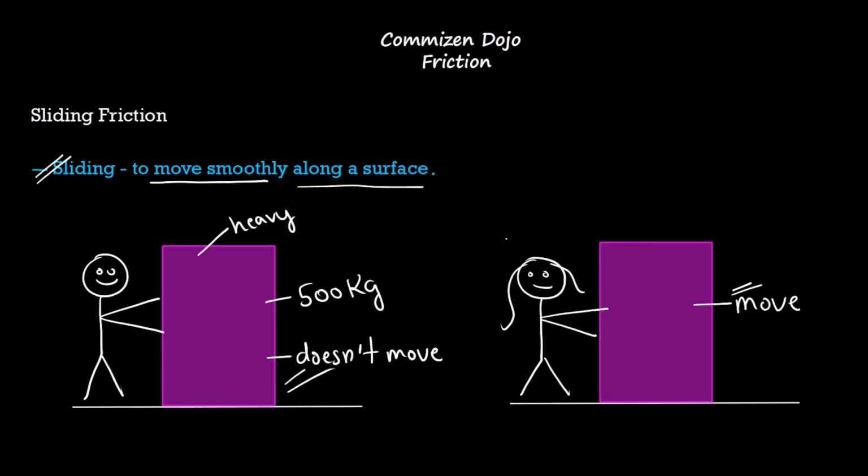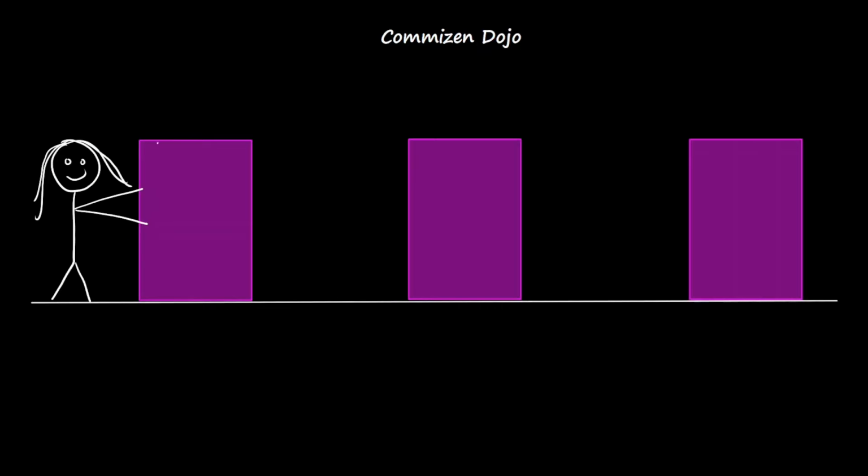Now let's pick up the case of Priya and come right over here. Priya is pushing the box, so the box is moving. At some point the box was over here, then over here, then over here, and this keeps on going till the box stops.